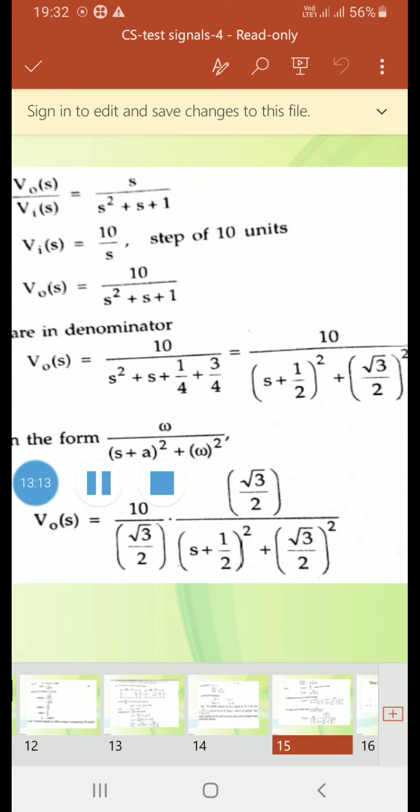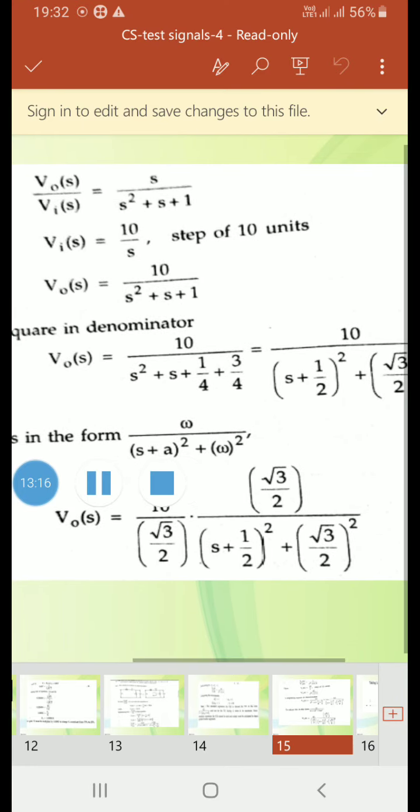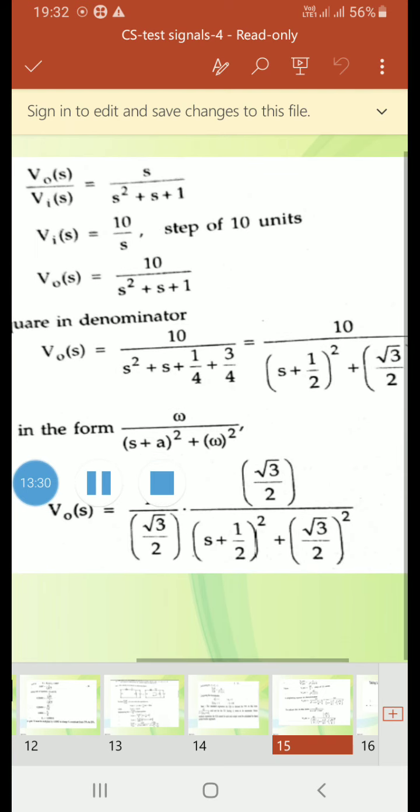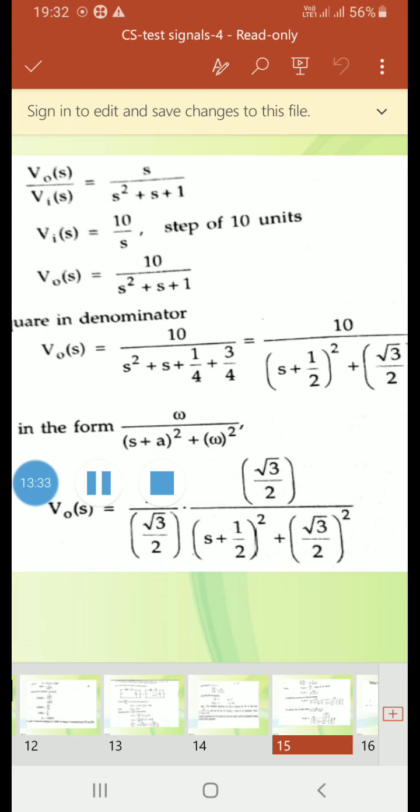Vi of S is a step of 10 units, so Vi of S is 10 by S. Substituting, V naught of S is equal to 10 by S into S, so S cancels, giving 10 divided by S square plus S plus 1.